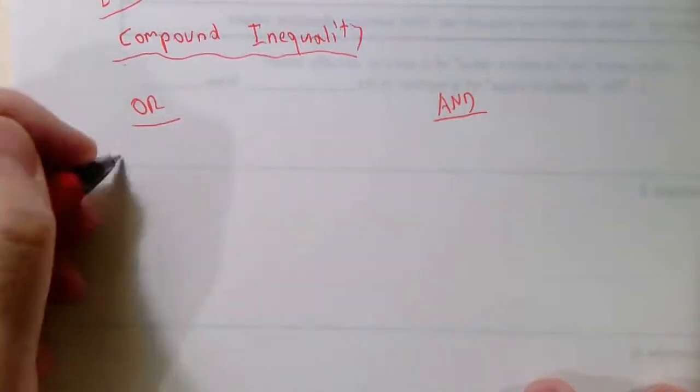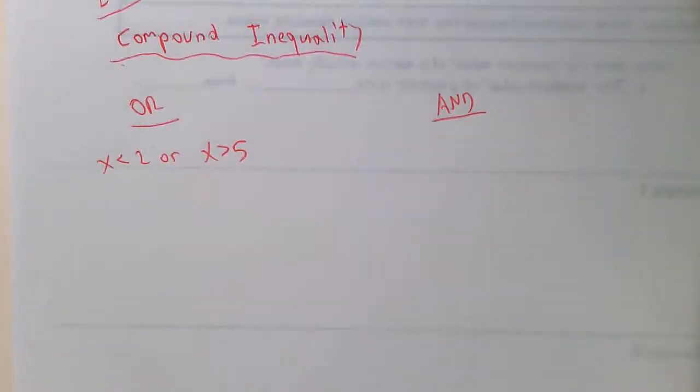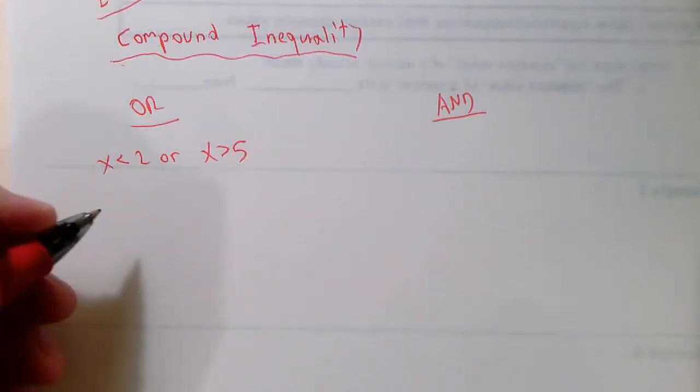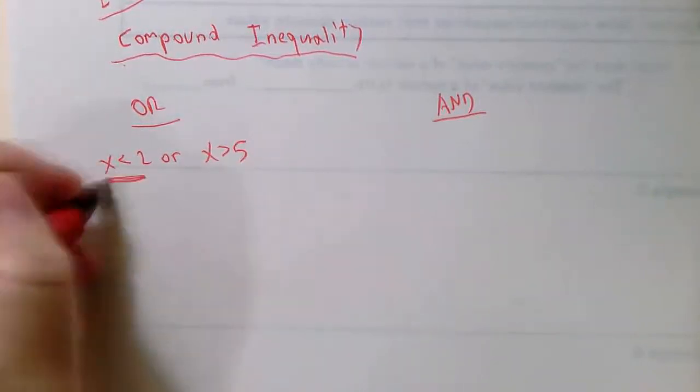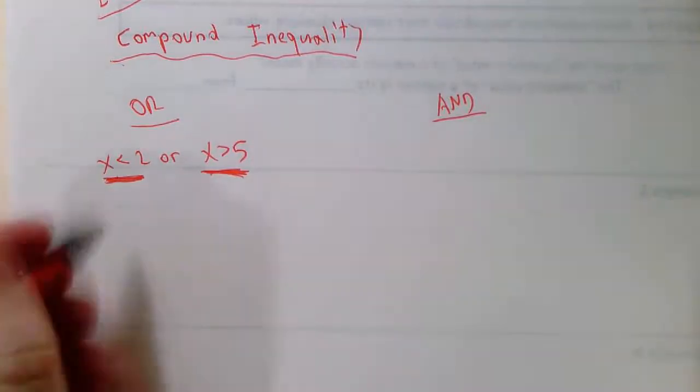For instance, if you have x is less than 2 or x is greater than 5, for a number to be in the solution to this, it has to make this part true or it has to make this part true. But it only has to make one of the parts true, one or the other.